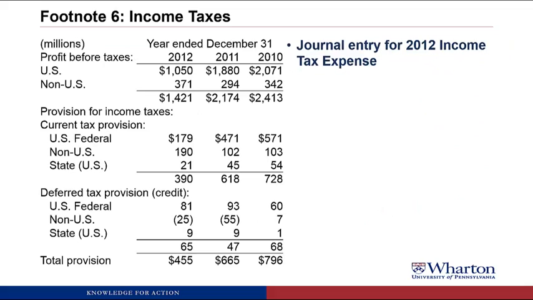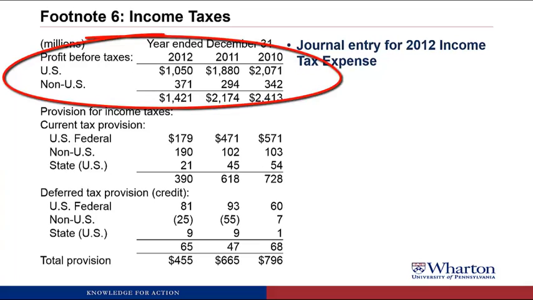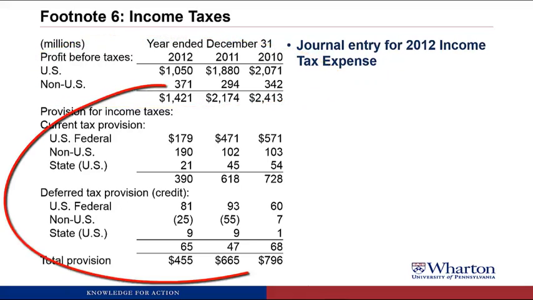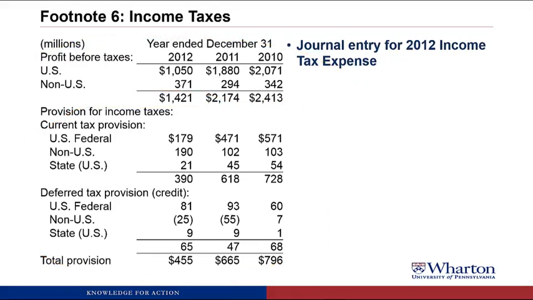So the next question we wanted to try to answer was, could we provide the journal entry for 2012 income tax expense for Moth Incorporated? So another part of the footnote shows first of all the pre-tax profit for U.S. and non-U.S. subsidiaries. But then the part that we're really going to focus on is the provision for income taxes. Remember, provision is another word for expense.